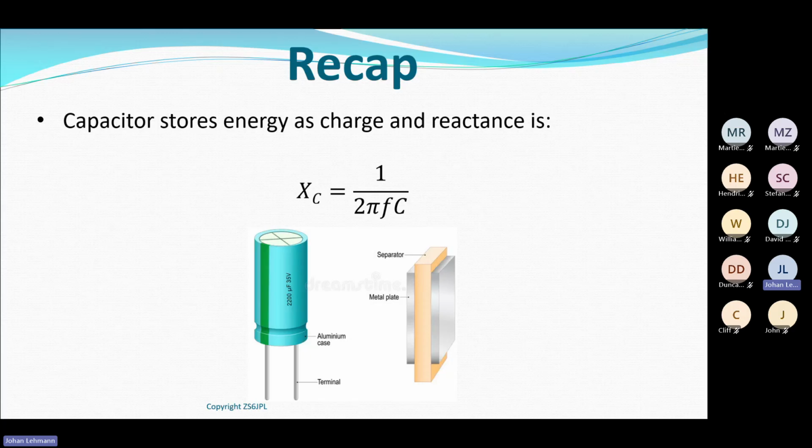You can already see from the mathematics that the higher the frequency of the circuit, the lower the value of your capacitive reactance is going to be, because it's 1 over 2 pi fC.